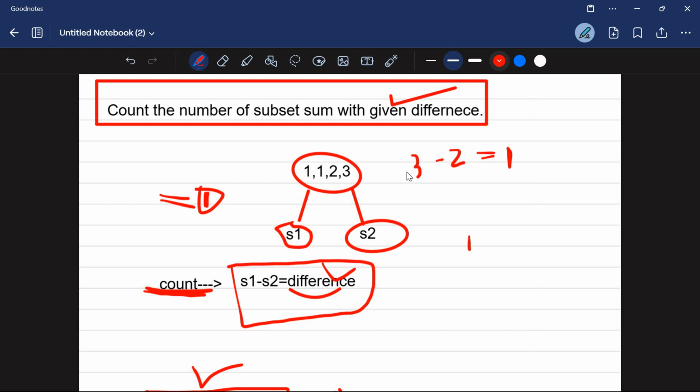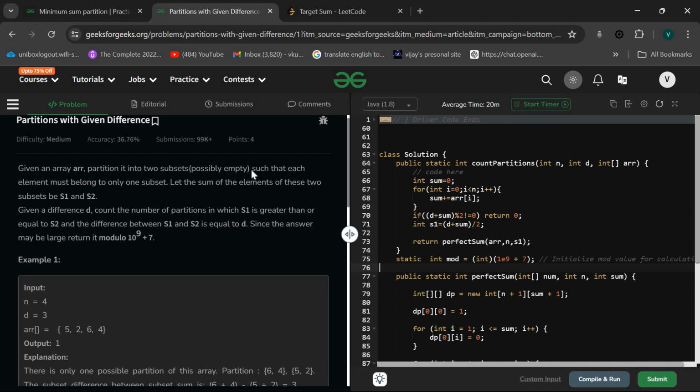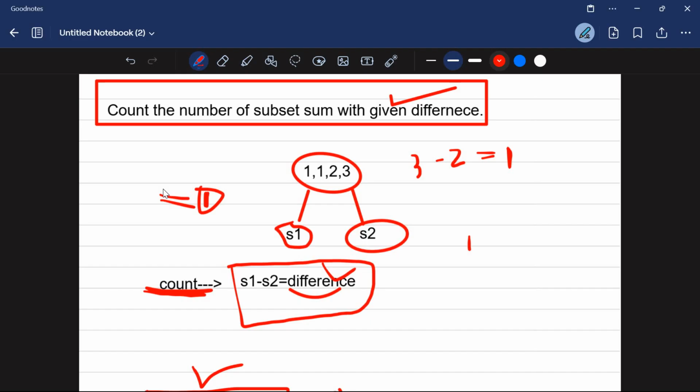But what does the question say? Such that each element must belong to only one subset. We have to consider all the elements.